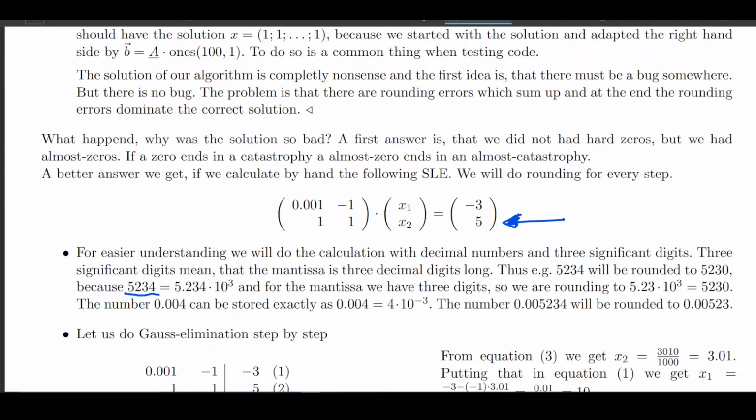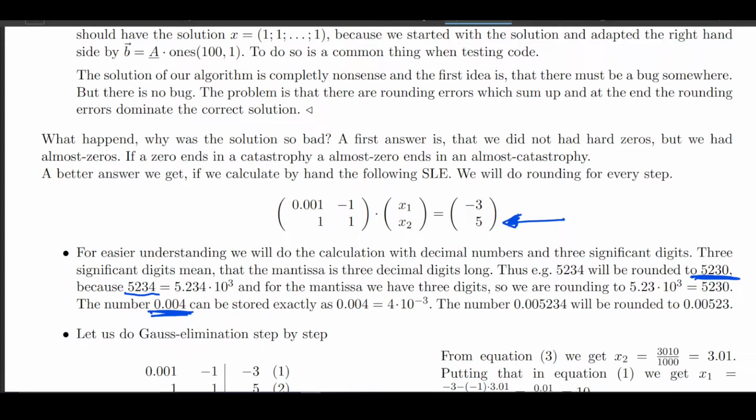What does that mean, having 3 significant digits? So that means that 5234 can't be stored exactly, but this number has to be stored as the rounded version, and the rounded version, with 3 significant digits, is 5230. So let's recap a little bit of theory about floating point numbers.